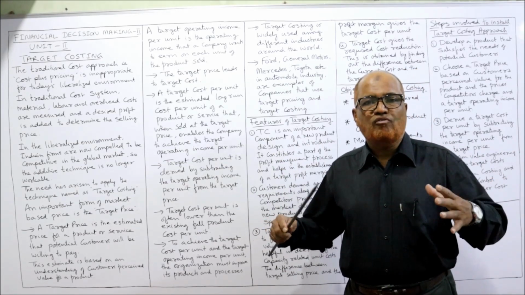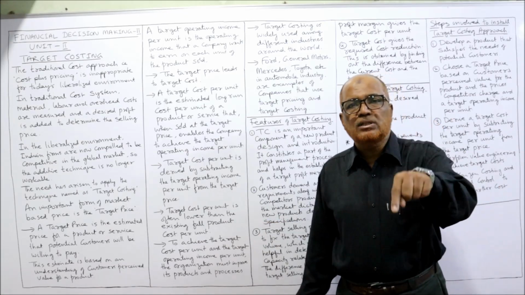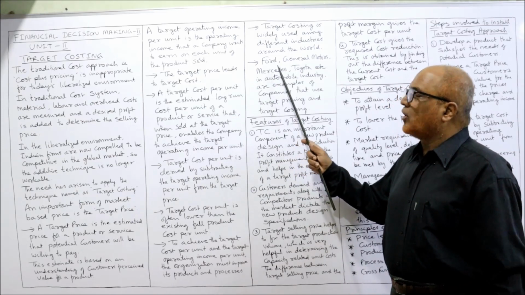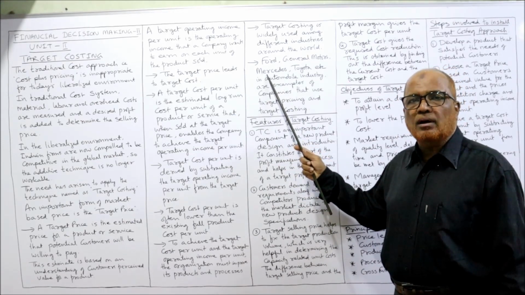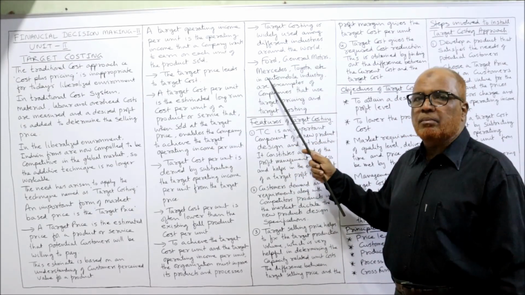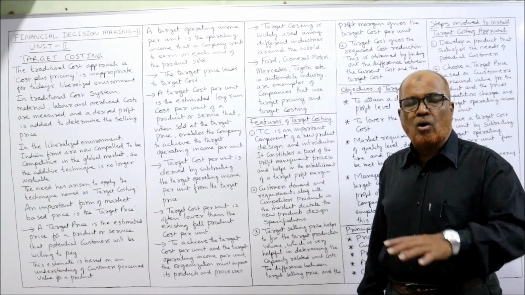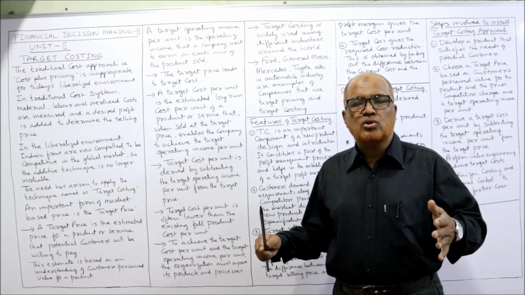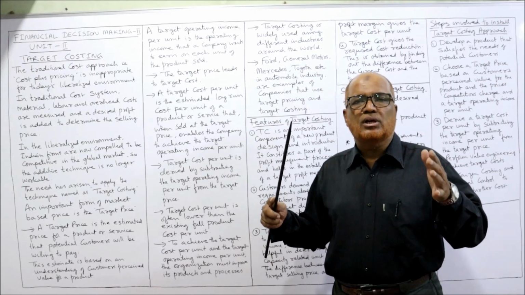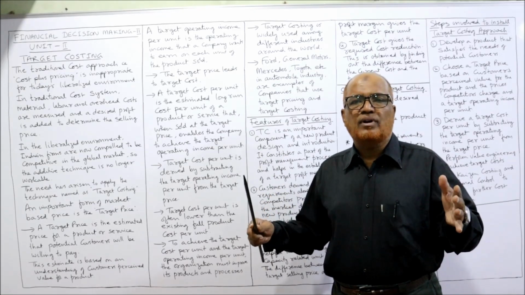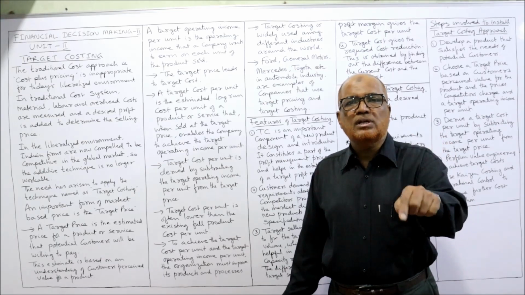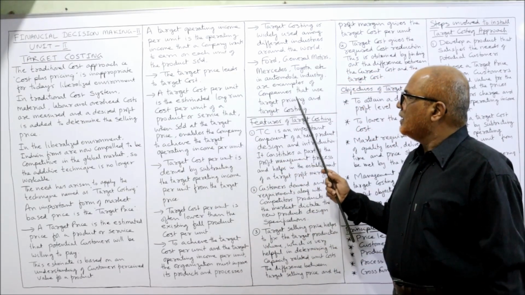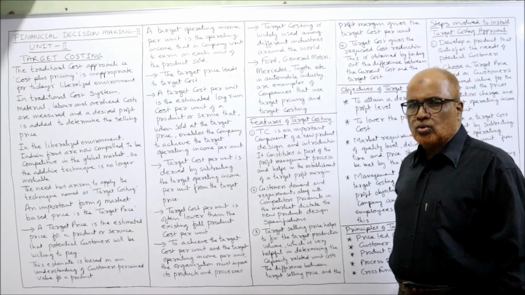Many industries in most countries are using target costing for their survival. I have given the example of Ford, General Motors, Mercedes, Toyota, all automobile industries. Apart from automobile, the electronic industry, computer industry and many other industries are using this technique of target costing. Example: target pricing and target costing.